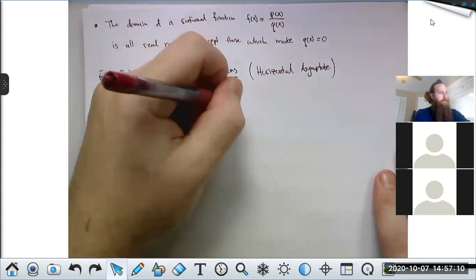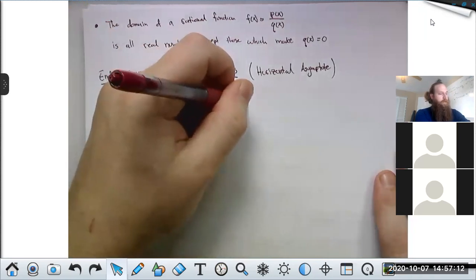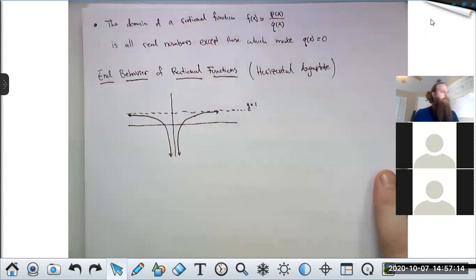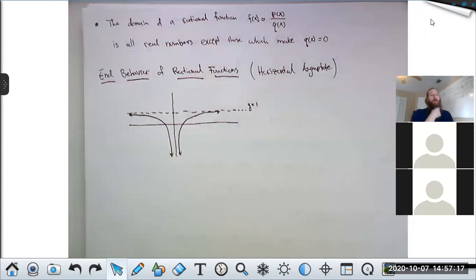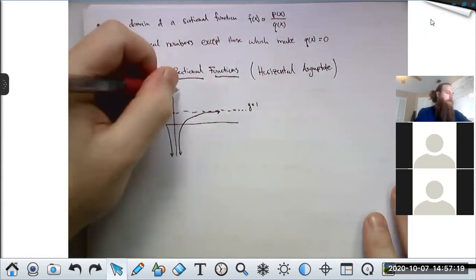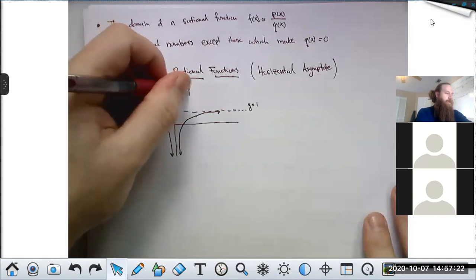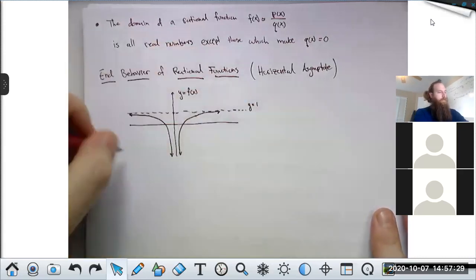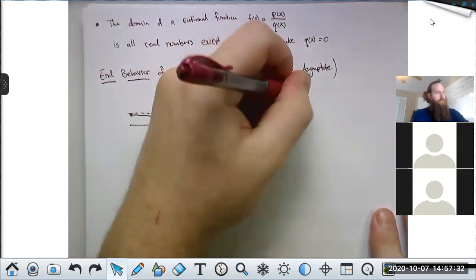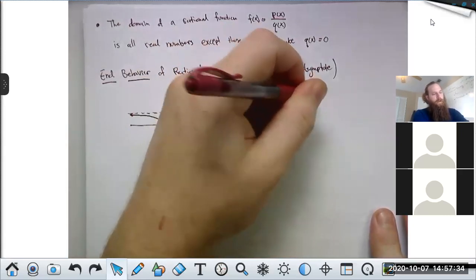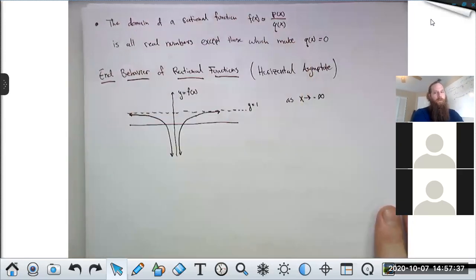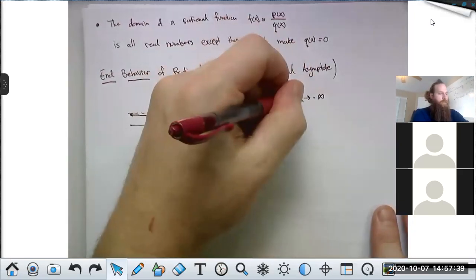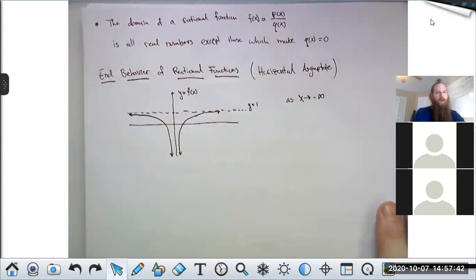If this dotted line here is the line y equals 1, and this is the graph y equals f of x, then I would describe the end behavior as follows. As x goes to negative infinity, remember this arrow notation we used when we talked about end behavior of polynomials. We use it for rational functions too.